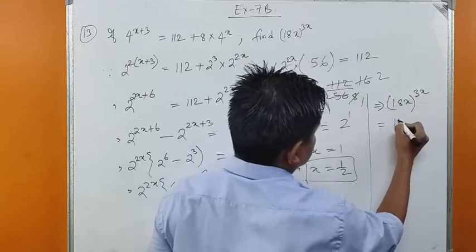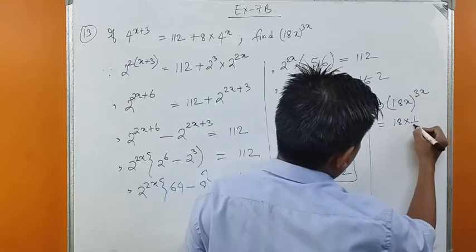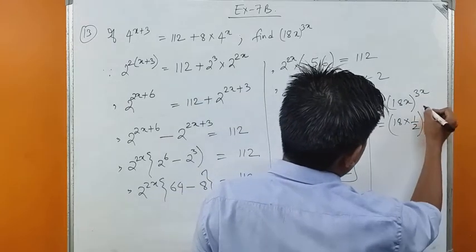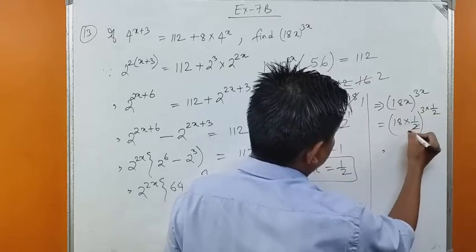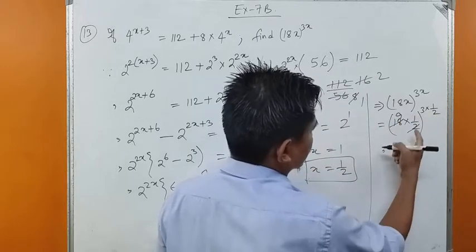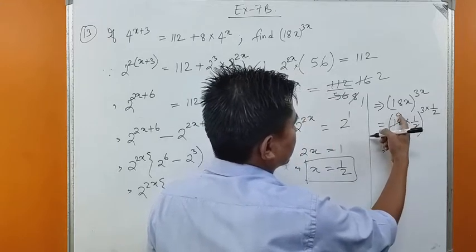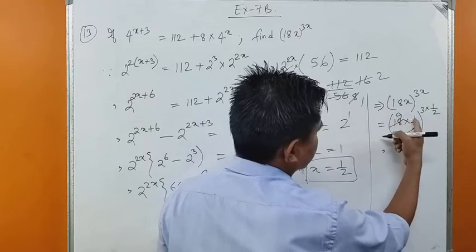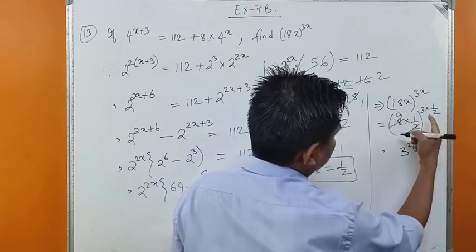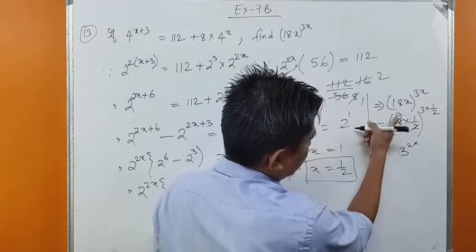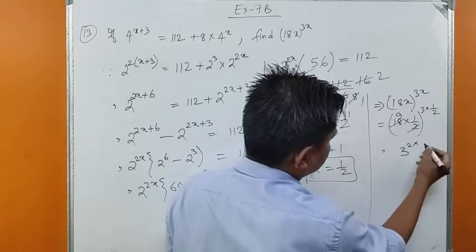This gives us 18 into 1 upon 2, to the power 3 into 1 upon 2. 2 nines are 18, because 2 is in the denominator and 18 is in the numerator, so 9. 9 means 3 squared. 3 squared is this 9.